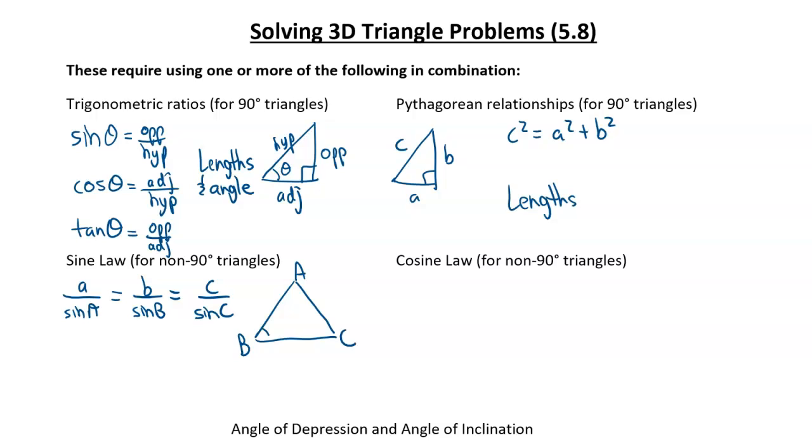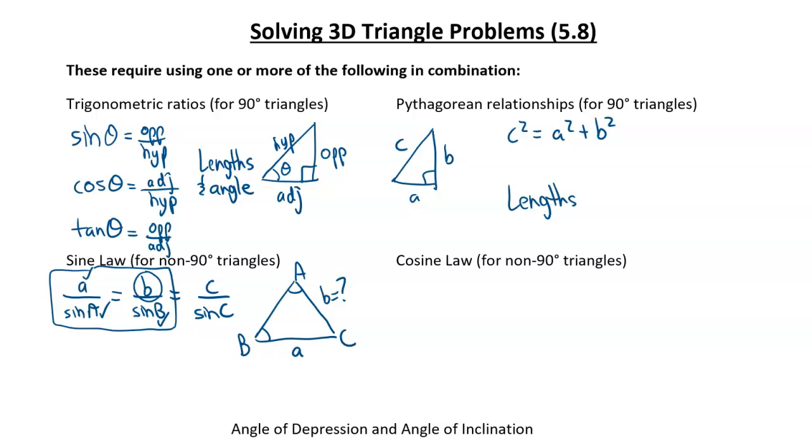Then if I know the angle A, and I know side A, and I know angle B, but I don't know side B, then I can use this proportion right here, because I'd know A, I'd know angle A, I'd know angle B, and I'd be solving for side B.